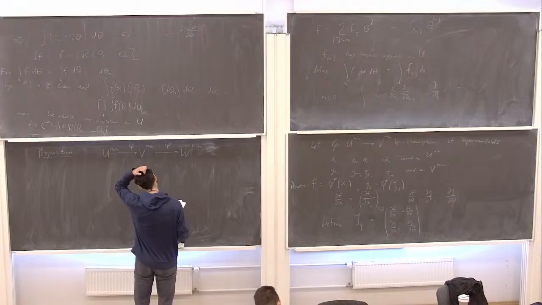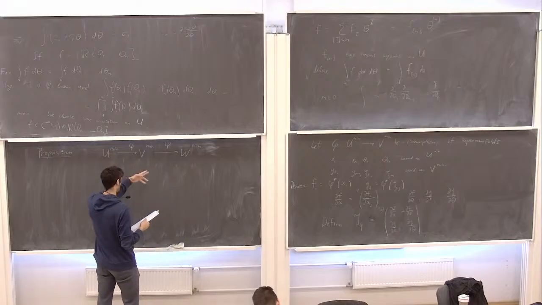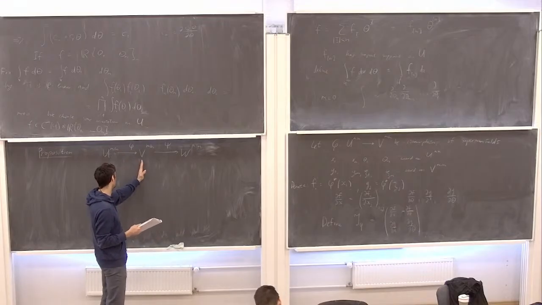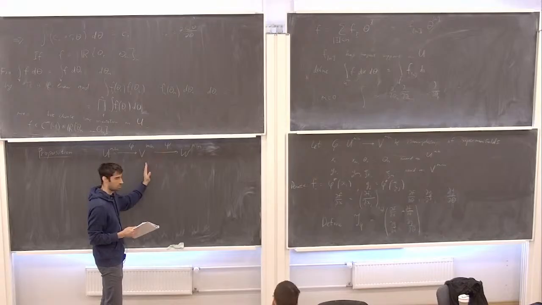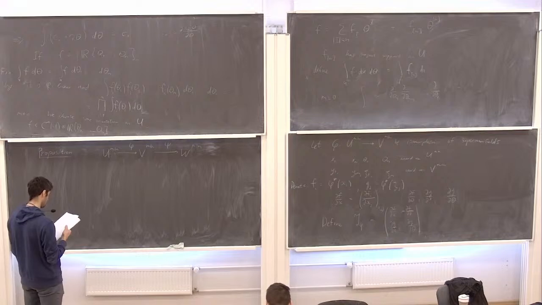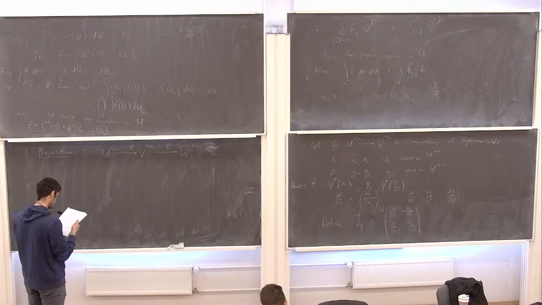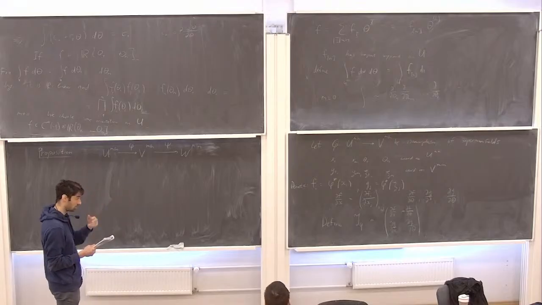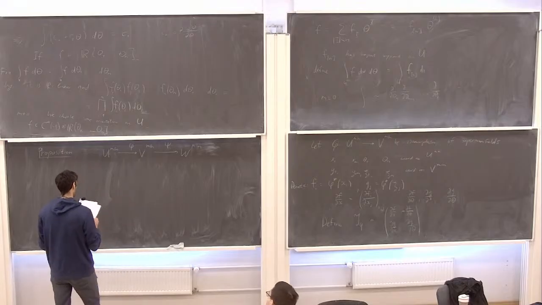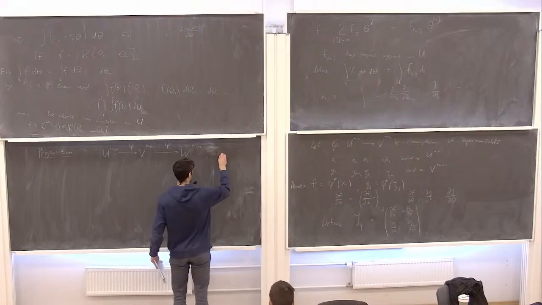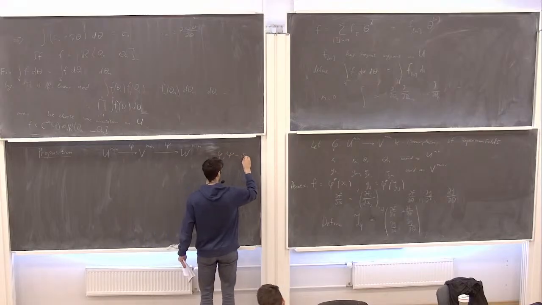So I'm fixing three sets of coordinates now, but the set of coordinates that I fix for phi here and for psi here is the same. That's the only consistency that I need. Because my matrix J depends on these coordinates, phi and psi are isomorphisms as before.